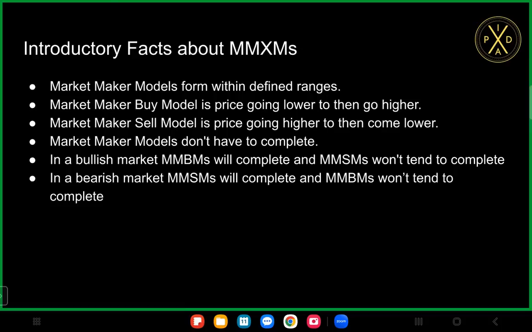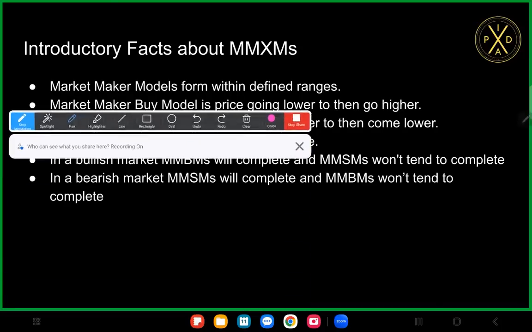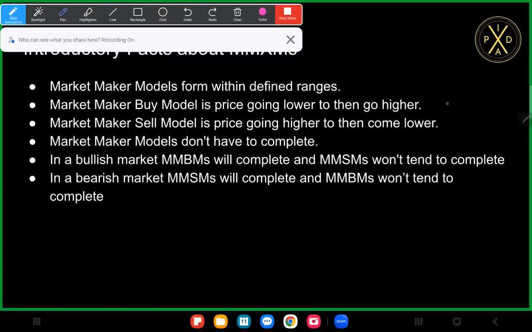And then I have that the market maker models don't have to complete, and in a bullish market environment, the market maker buy models will complete, and the market maker sell models, they won't tend to complete. And finally, in a bearish market environment, market maker sell models will complete, and market maker buy models tend to not complete. Right, so let me explain exactly what I mean when I say all of this.